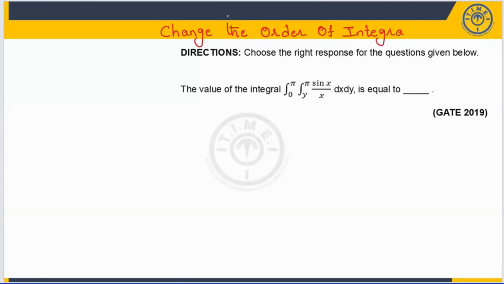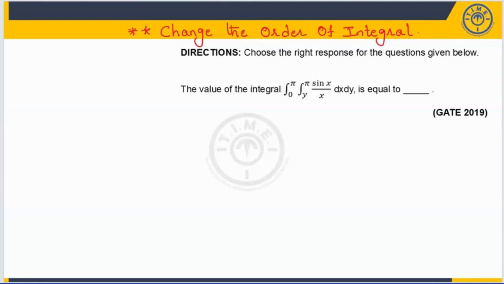And regularly since 2018, continuously a question is being asked on change of order for any one of the branches, for EC or electrical or instrumentation or mechanical or civil. Any of the branches is just asking the change of order. Continuously a question is being asked on this change of order.